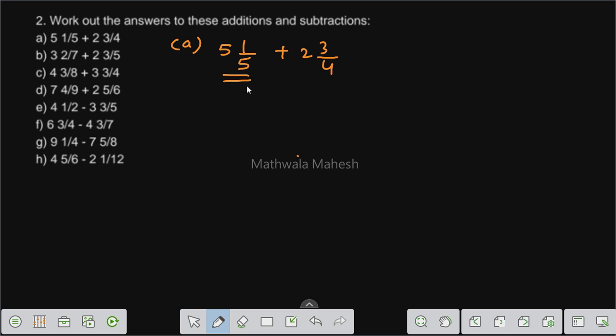So how to convert? 5 into 5, 25 plus 1, 26 by 5 plus 4 into 2, 8 plus 3, 11, 11 by 4. Now we can take the LCM or we can directly multiply the numbers.